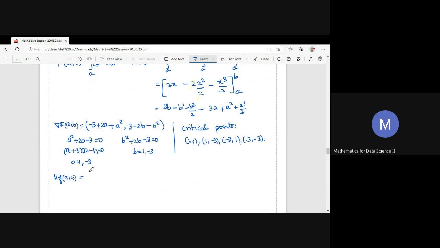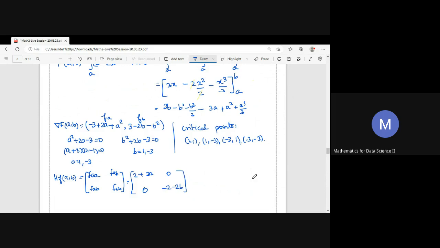You have f_a and f_b, and you have to find f_aa, f_ab, and f_bb. So the Hessian matrix is: 2 plus 2a, then f_ab will be 0, 0, and here minus 2 minus 2b.